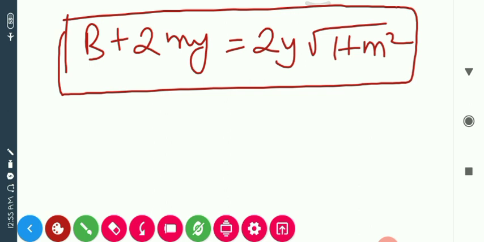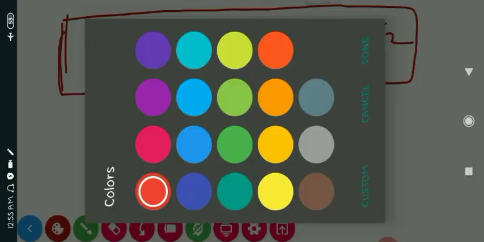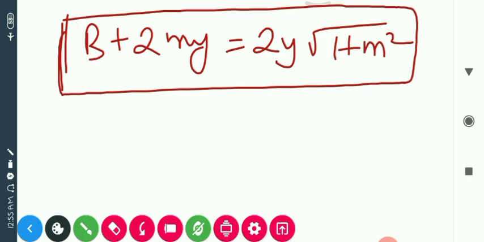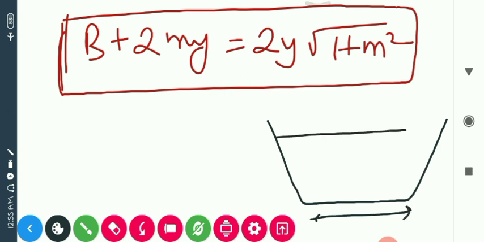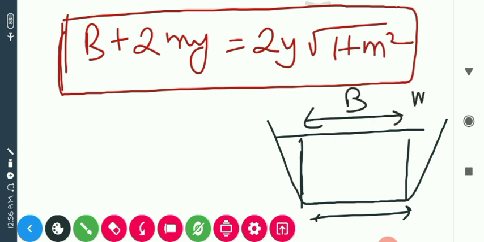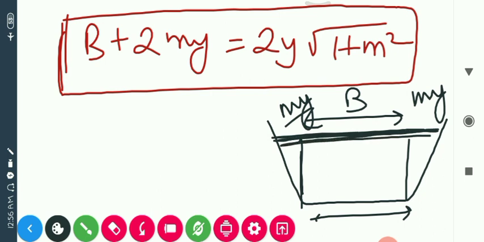Okay, so what do we conclude from this? What is b plus 2my? This was the value of b, this was my, and this was my. So b plus 2my is the width of the top surface of the water.